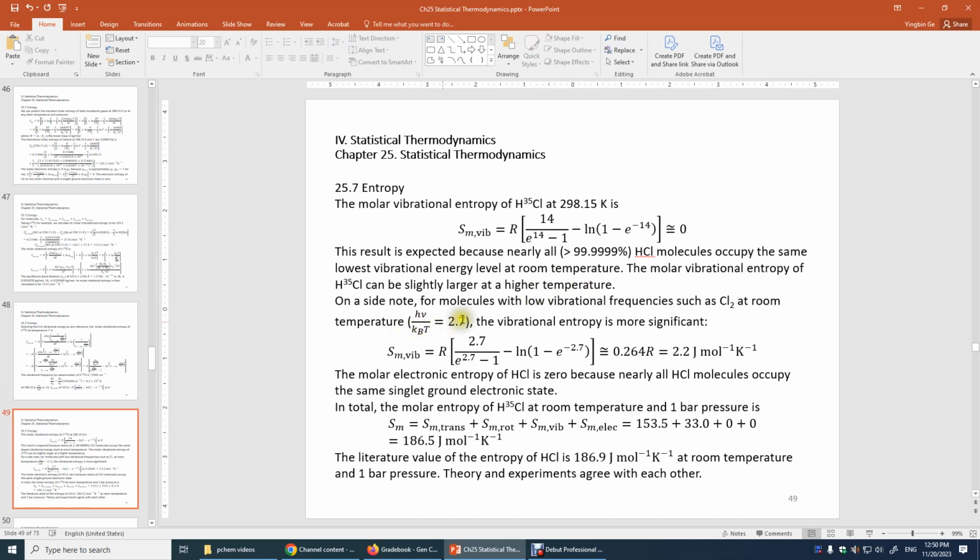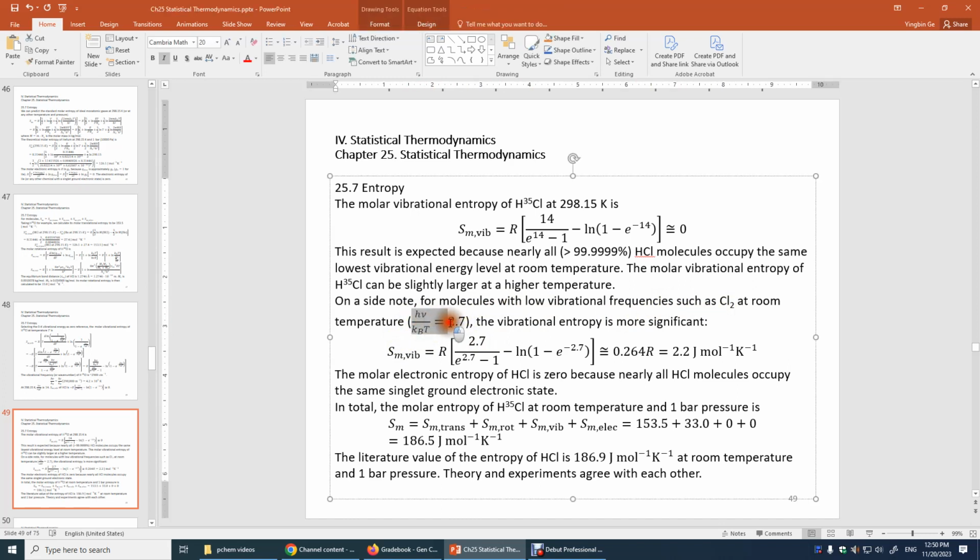On a side note, for molecules with low vibrational frequencies such as chlorine 2 at room temperature, h nu over kBT is only 2.7. So remember, for HCl, h nu over kBT is 14, but for chlorine 2 at room temperature it's only 2.7. And in this case, the vibrational entropy can be more significant.